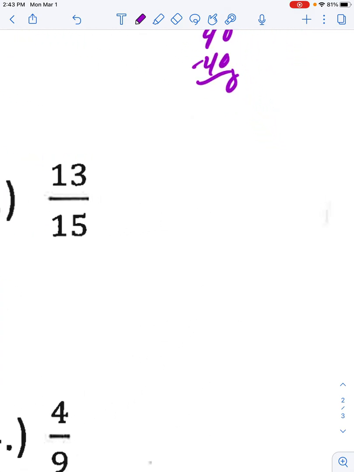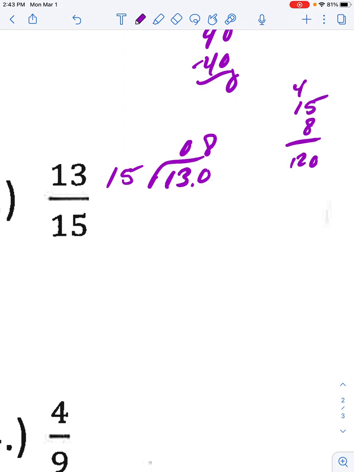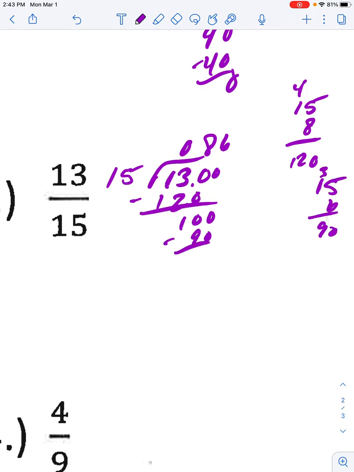13/15ths. Okay, we can't get that out of 100, so we're going to have to divide and then change that decimal into a percent by moving the decimal twice to the right. This is going to continue to repeat again, okay?